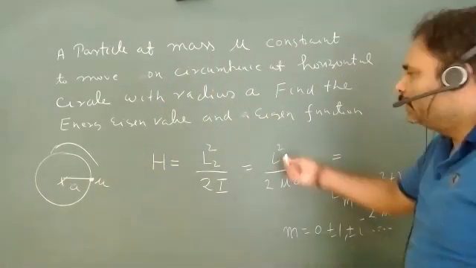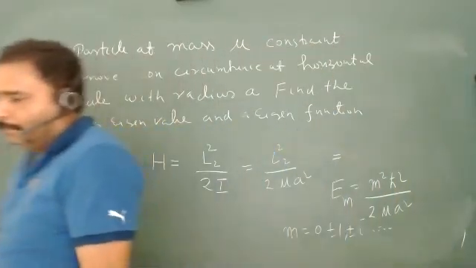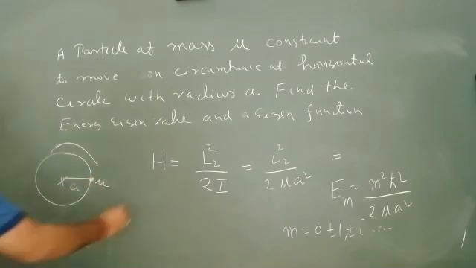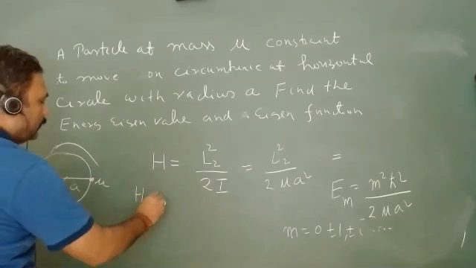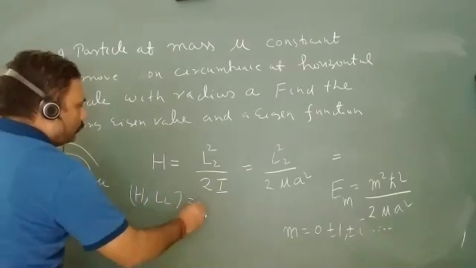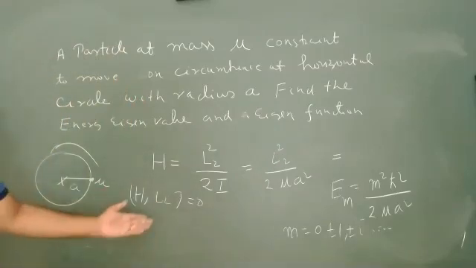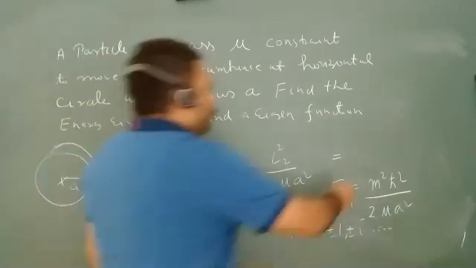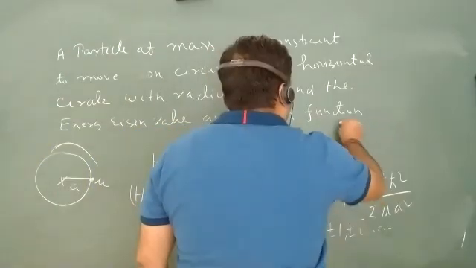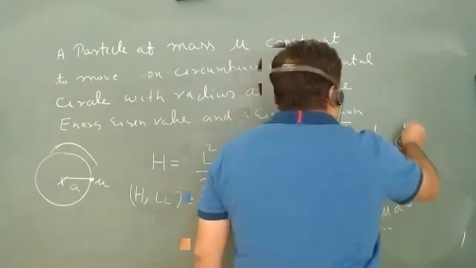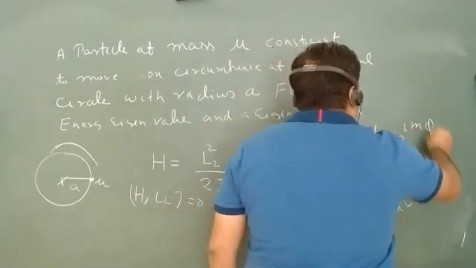And what will be the eigenfunction here? H and Lz are going to commute, because this is the same thing. So you have the same eigenfunction whatever the Lz. The eigenfunction is phi, and that will be 1 upon root 2 pi e to the power im phi.